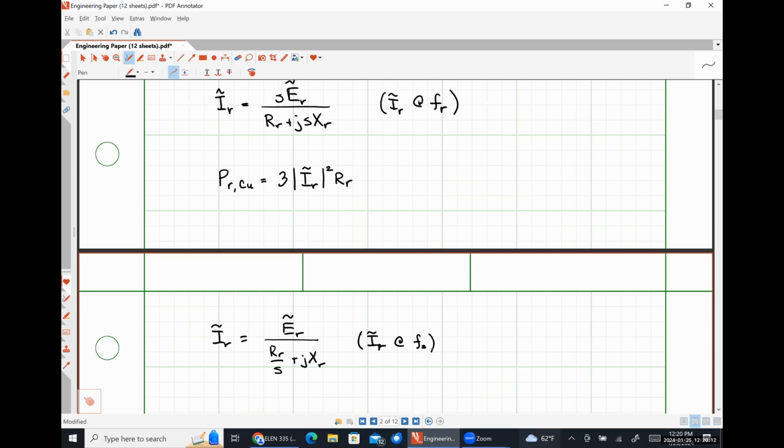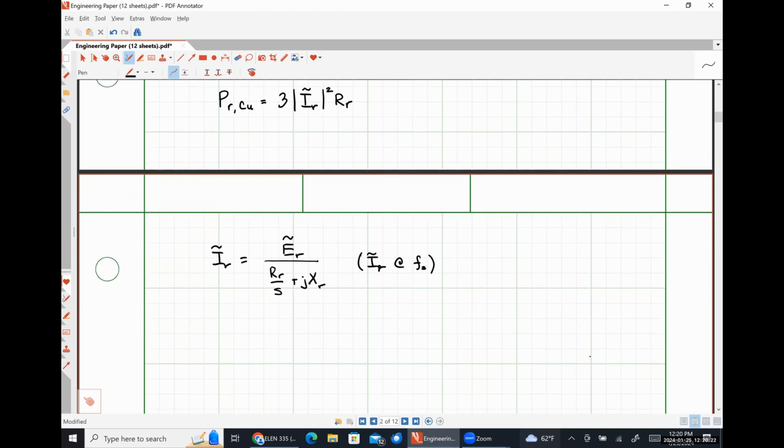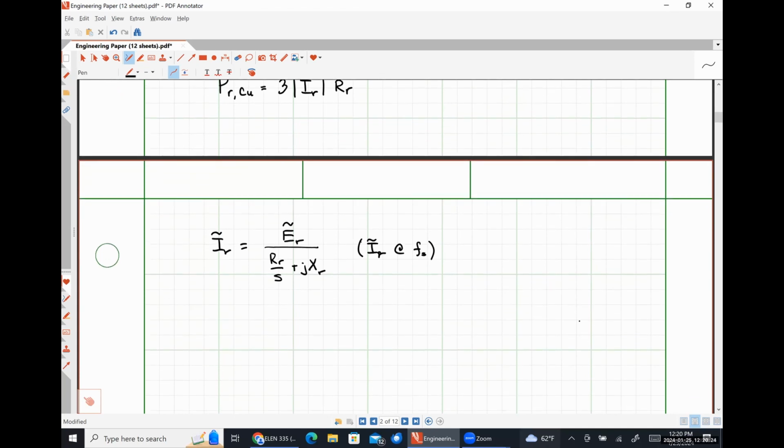And now our rotor resistance changes as a function of slip, which means our rotor losses will now look like 3 times the magnitude of our rotor current squared times R2 divided by slip.